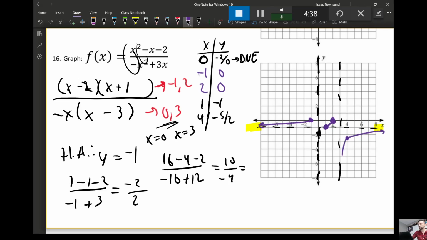Based on the direction here, it's going down to negative infinity on this side, so positive infinity on that side. Based on the direction here, it's going to negative infinity on the right, so positive infinity on the left. All of that's consistent with my points. If you wanted to plug in more x values and solve for y, you can see that they should land about where I have it estimated.